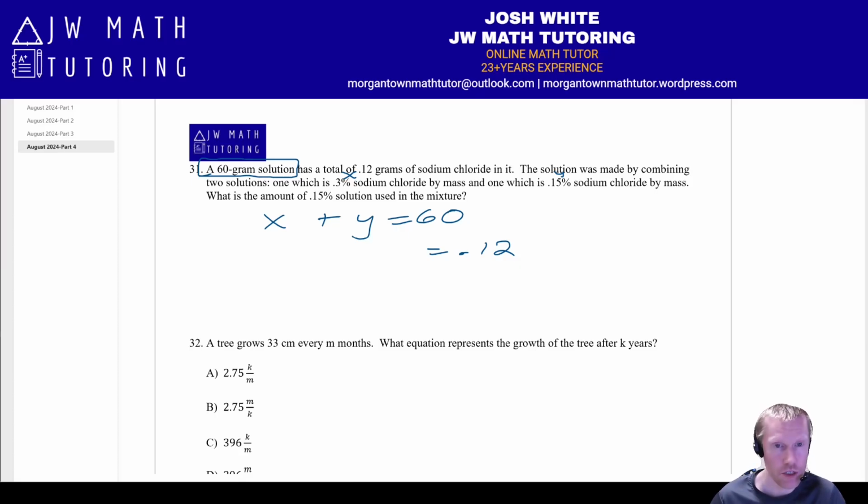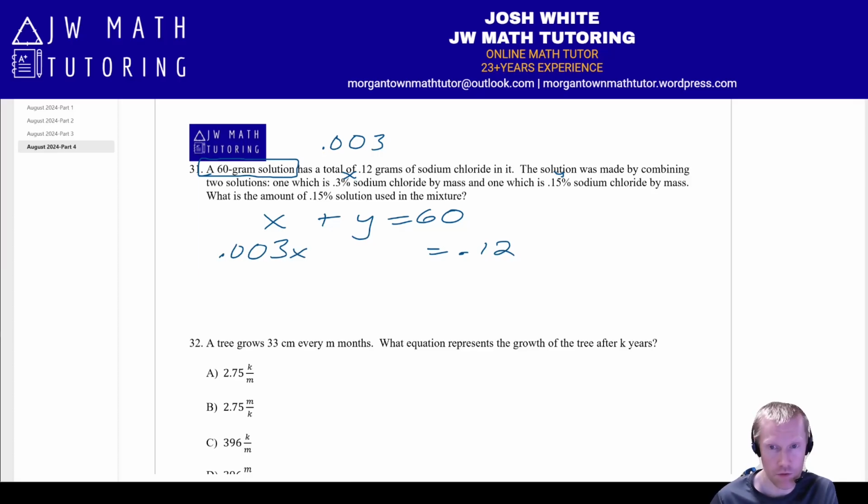So for the first solution, it's 0.3%. So we have to convert that to its decimal equivalent, which is going to be 0.003. And then we will multiply that number by the total grams for the solution, which is just X. That's something we don't know.